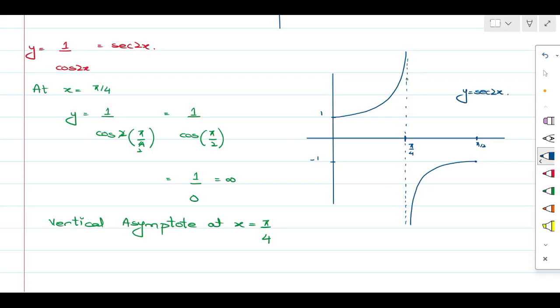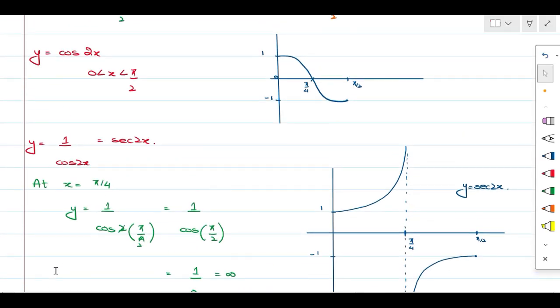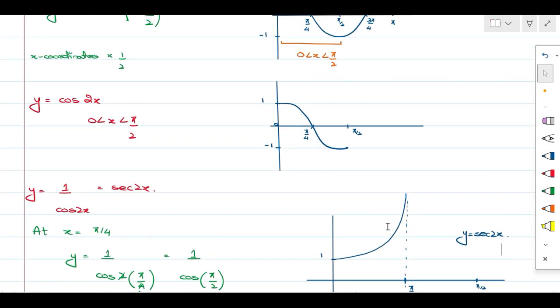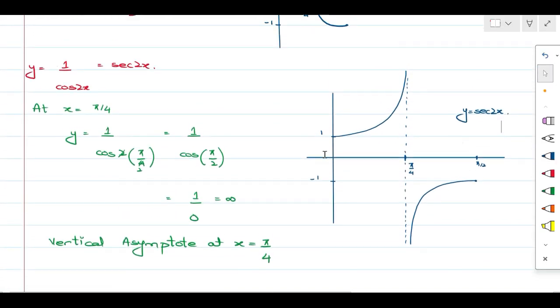First thing, you have to figure out the vertical asymptote. 1 was before the maximum point, now 1 is going to be the minimum point, right? And at pi by 2 it was minimum, and now at pi by 2 it is going to be a maximum. It's going down, right? Because we are doing a reciprocal on both sides. The reciprocal of down, it's up. The reciprocal of down, it's up, right? Okay, so we are done with the secant part.